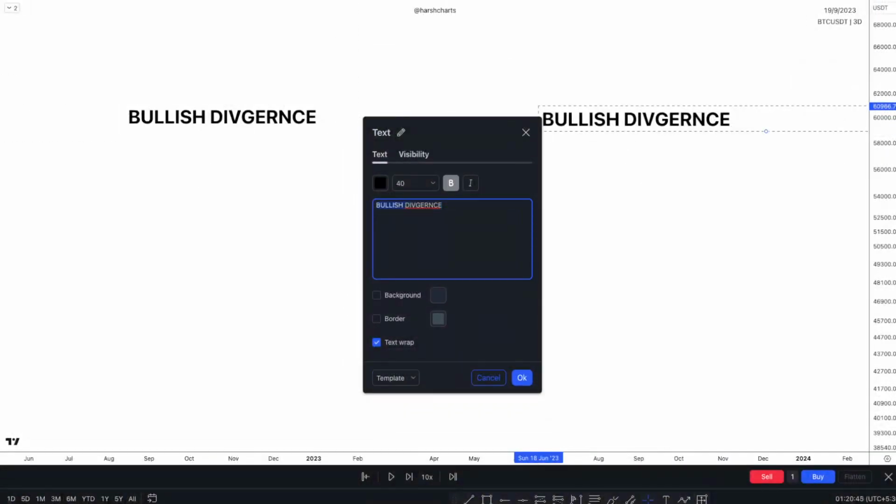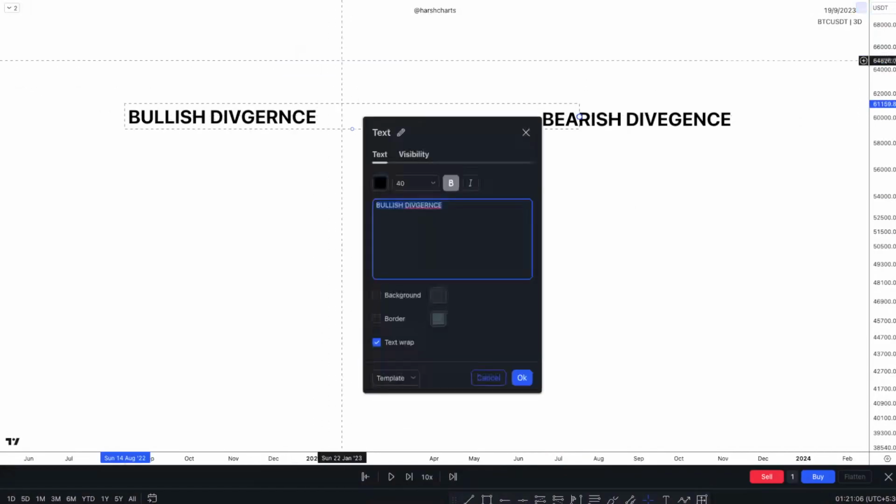So at the same time, you will understand bullish divergence and bearish divergence.